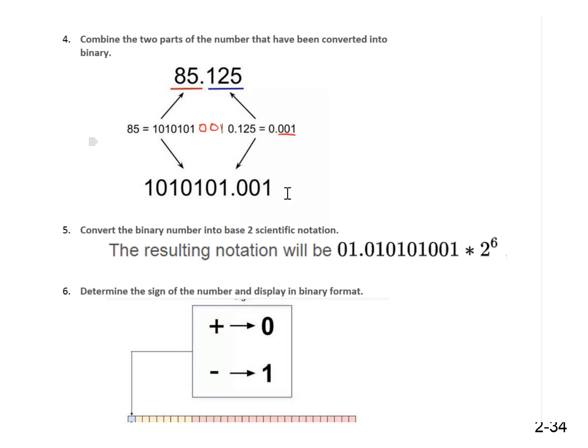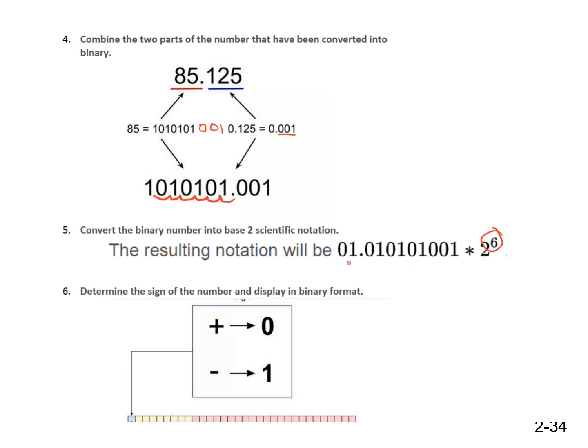So we're then going to normalize this. We're going to convert the binary number into base 2 scientific notation, just like 1,770 becomes 1.77 times what? 10 to the third. We're going to move that imaginary decimal point until the number is normalized. 1, 2, 3, 4, 5, 6.